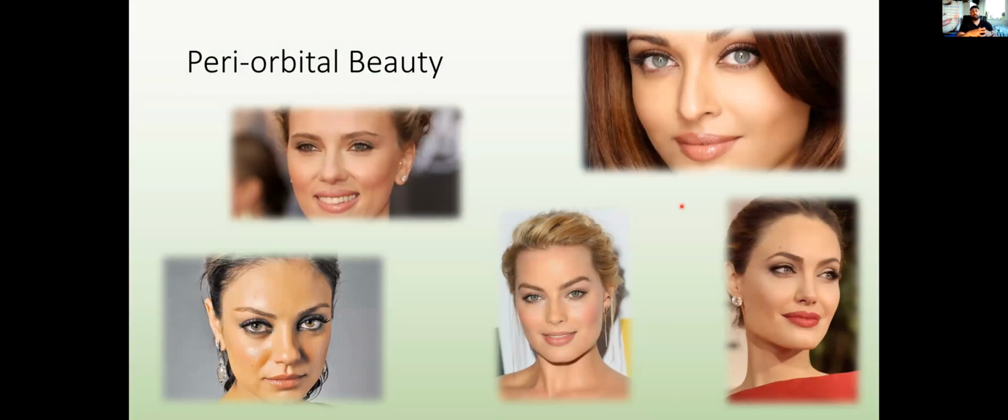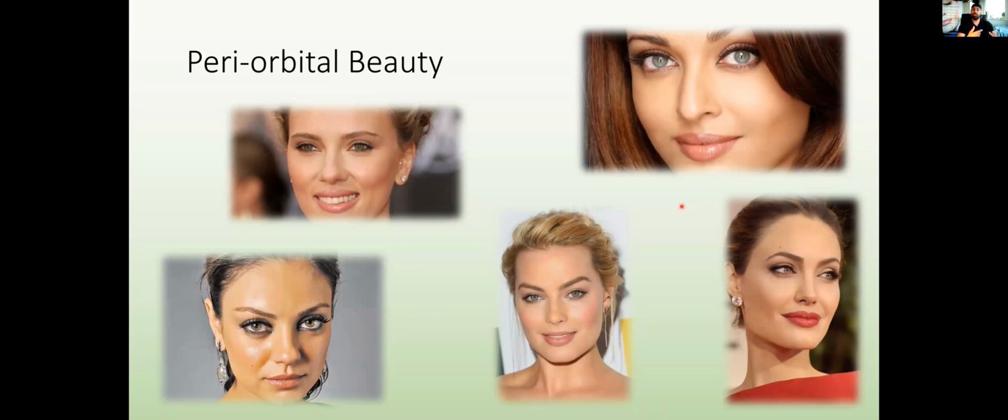So periorbital beauty. This is obviously going to be very subjective. So you've got five women here, the likes of Mila Kunis, Angelina Jolie, Margot Robbie, Scarlett Johansson, and Aishwarya Rai. If you focus in on the eyes, they vary in diameter, in height. The intercanthal distance is different amongst them.